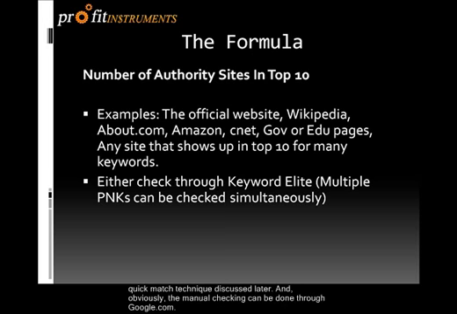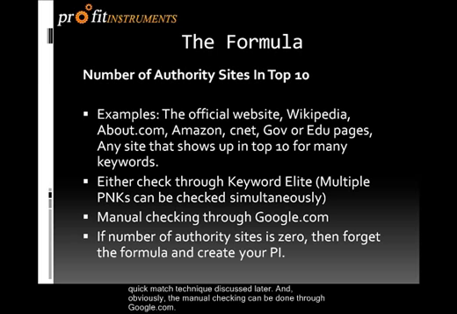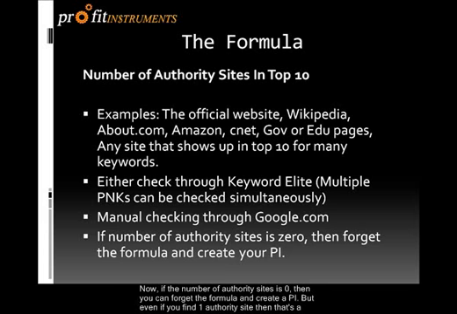I'll show you everything in the quick match technique discussed later, and obviously the manual checking can be done through google.com. Now if the number of authority sites is 0, then you can forget the formula and create a PA. But even if you find one authority site, that's a bad thing. So you need to be sure that there are 0 authority sites in the top 10. Only then can you create a PA as an exception to this rule. Otherwise just go ahead and add it to the formula.